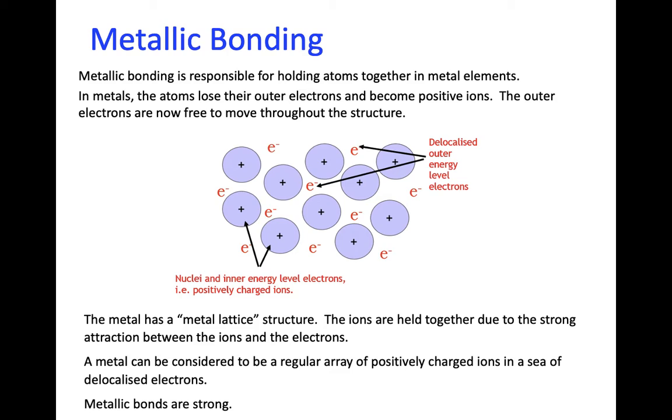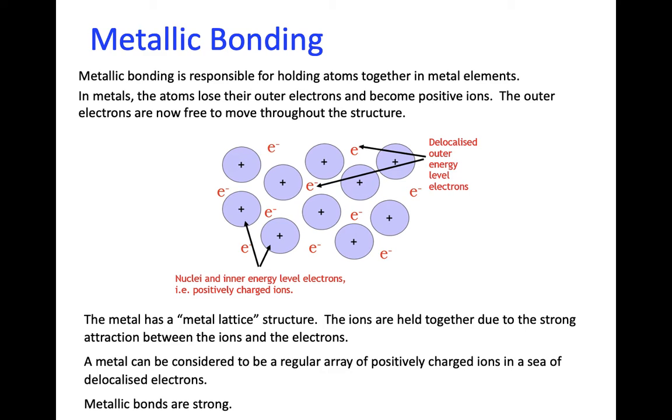So let's do that again. Metallic bonding is responsible for holding atoms together in metal elements. In metals, their atoms will lose their outer electrons to become positive ions. The outer electrons, which have been lost, are now free to move through the structure, and that structure can be described as a metal lattice. The ions are held together due to the strong attraction between the ions and those electrons.